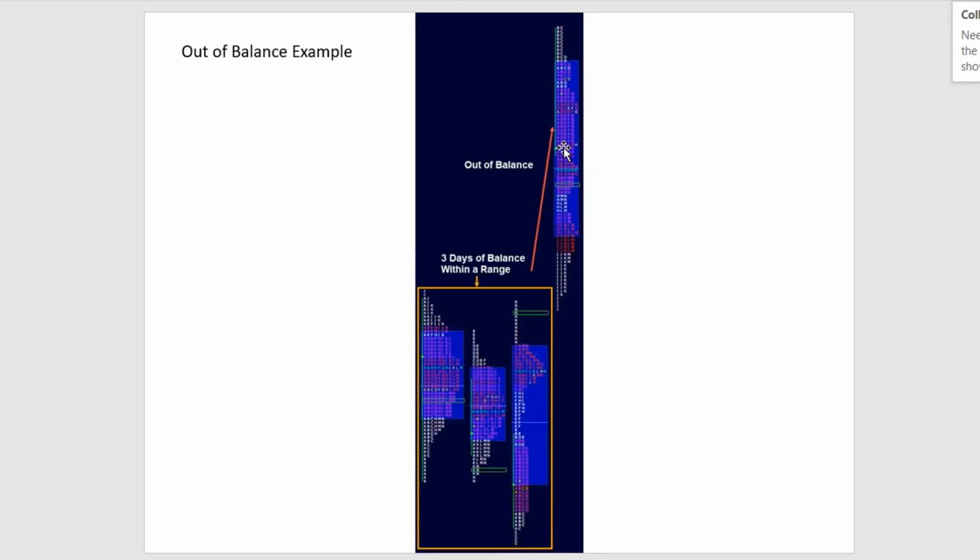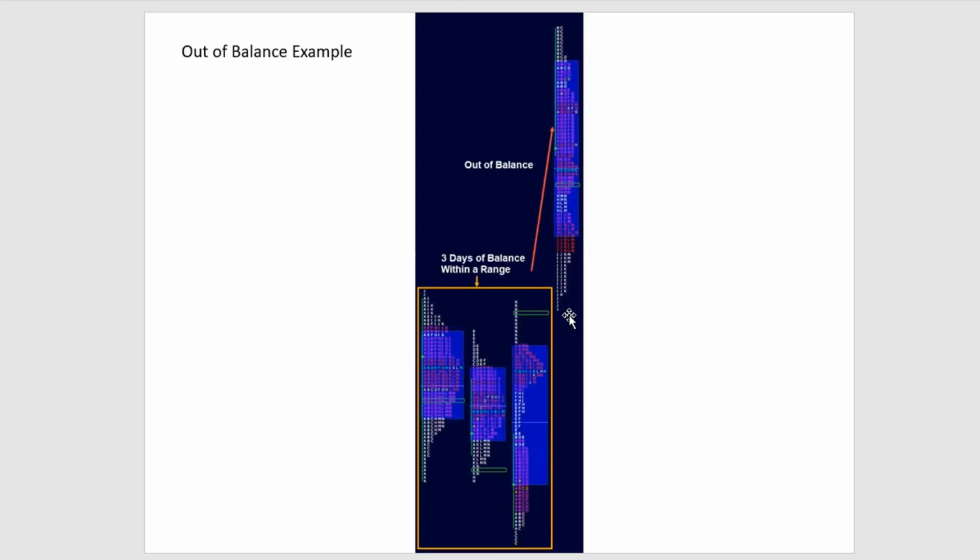So the market opens substantially higher, and then we get some rotation throughout the day, and it comes back down and trades right at the top of this prior 3-day balance. See the single prints? We really didn't find any acceptance back within the balance.